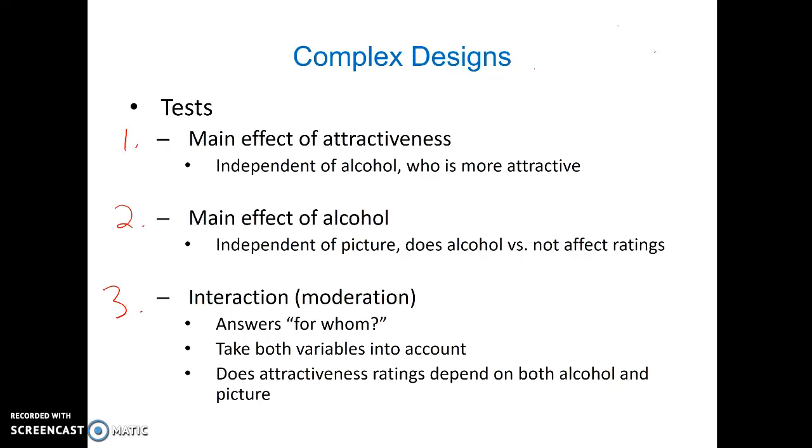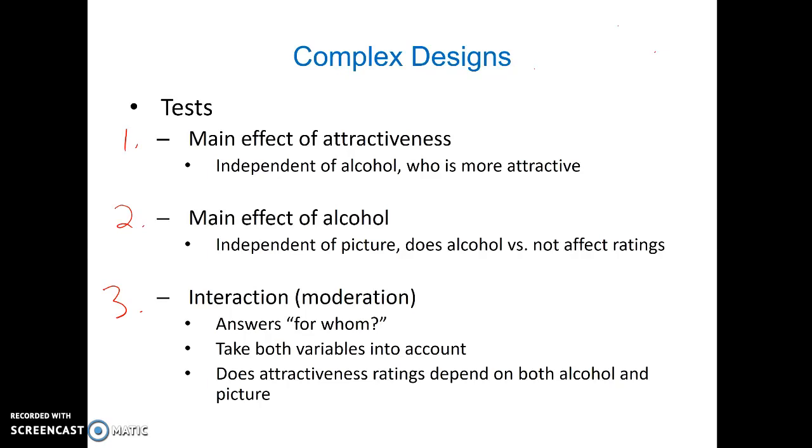Now, the word interaction, it has a specific term. It's called moderation. Moderation and interaction are going to be used interchangeably here. And my advisors in graduate school and the people who taught me statistics once told me that in social psych, if you don't have an interaction anymore, then your study is not as important as you think it is.